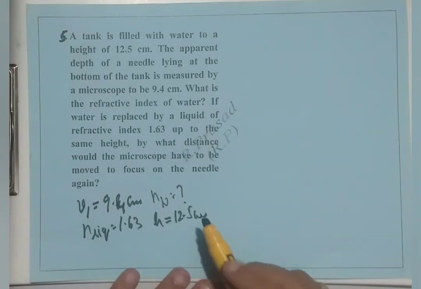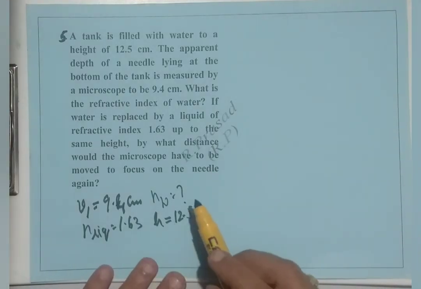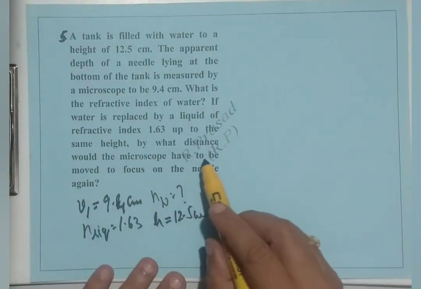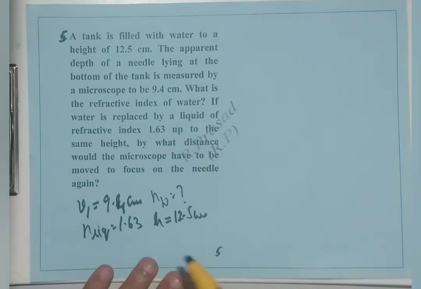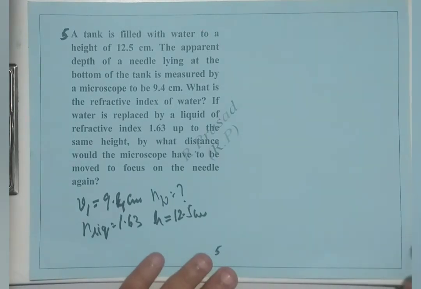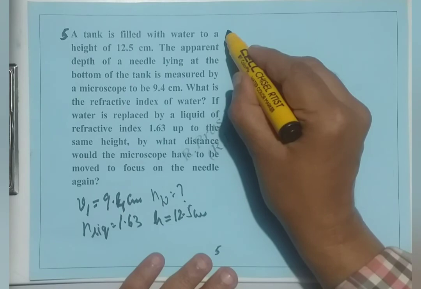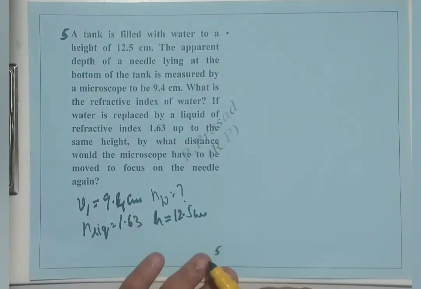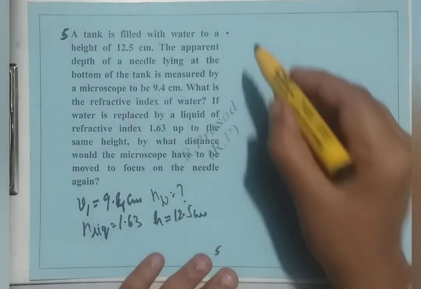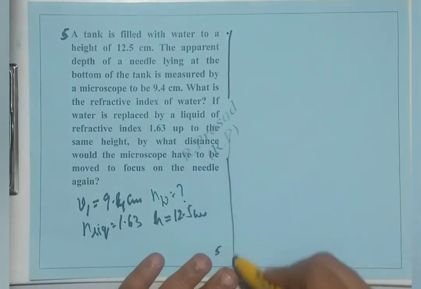Now we have to calculate the thing like this. Say we are asked to calculate by what distance would the microscope have to be moved. That means normal shift in the liquid has to be calculated. Therefore, first of all, N liquid is given and N water is to be calculated. For that N water, I use this formula.